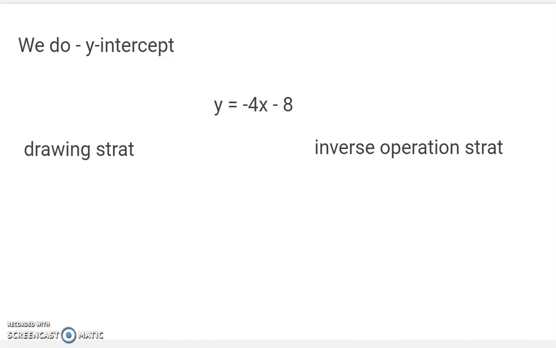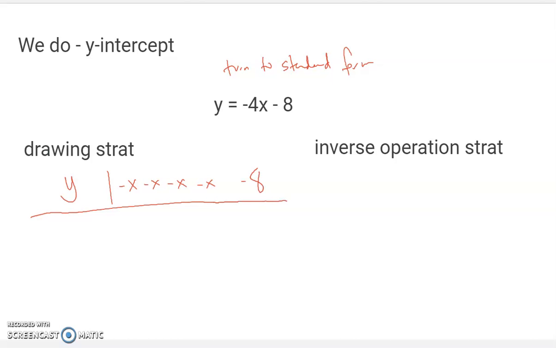So here's how that plays out. First thing here, y equals negative 4x minus 8. So we're going to turn this into standard form. And to do that, we want to move the x's over to the y's side. So this is by itself on this side, and the variables are all together. But you can't just do that. We've got to do it carefully. So drawing strategy is one possibility. This would look like this. Constant would be negative 8 if I add the opposite.